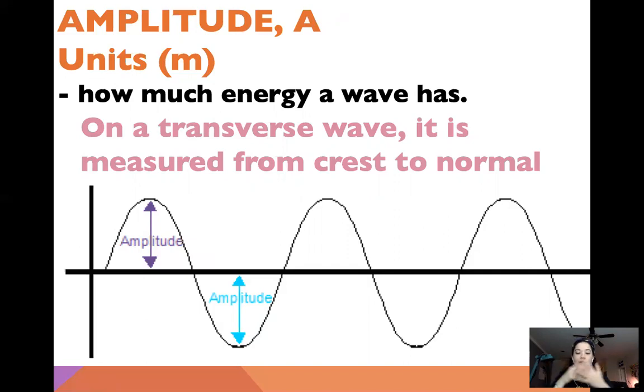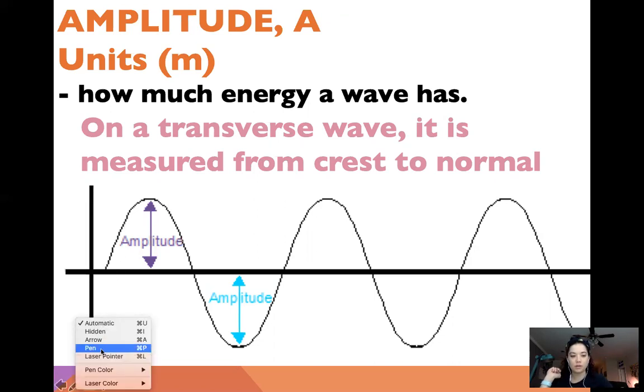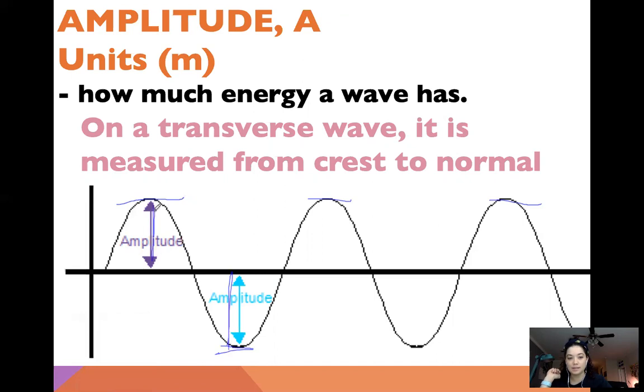Just like the wavelength for a single wave will not change unless you change the wave, the amplitude throughout the entire wave will be the same. So if we look and draw, this is the same height as this, is the same height as this. This is the same value as this, and it goes as deep as this.